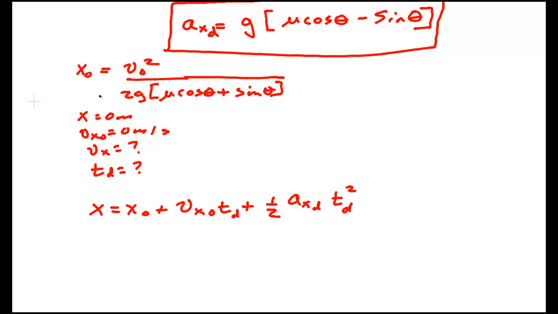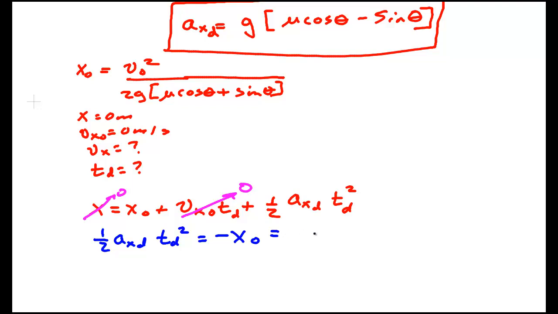I can simplify that equation a lot. This is 0. This is 0. So I can solve this for TD because I know x naught and I know everything else here. So let me put that in, if you would. So 1/2 axd times td squared is minus x naught, and we have already got what x naught is right above it.